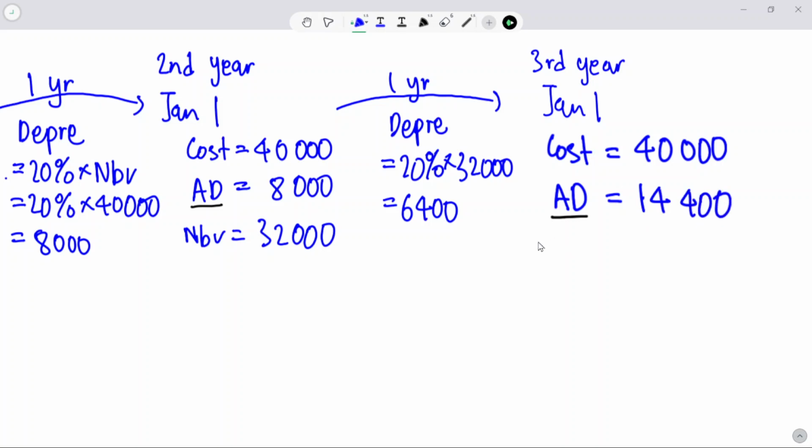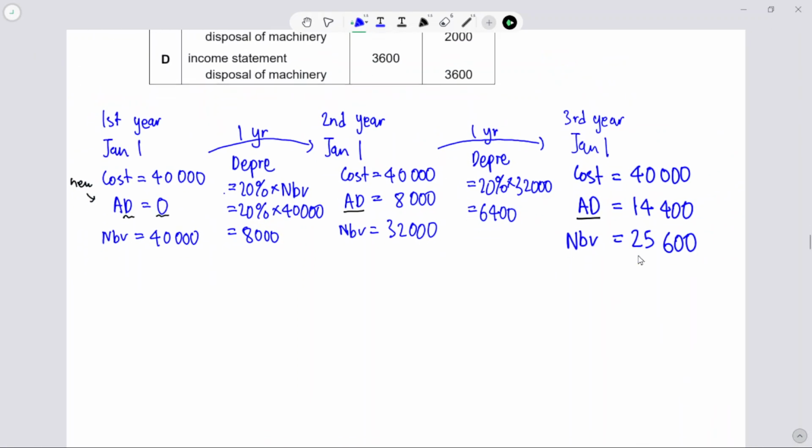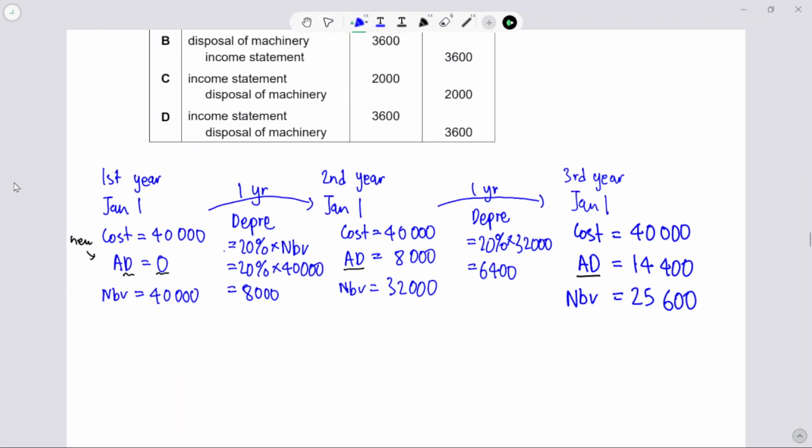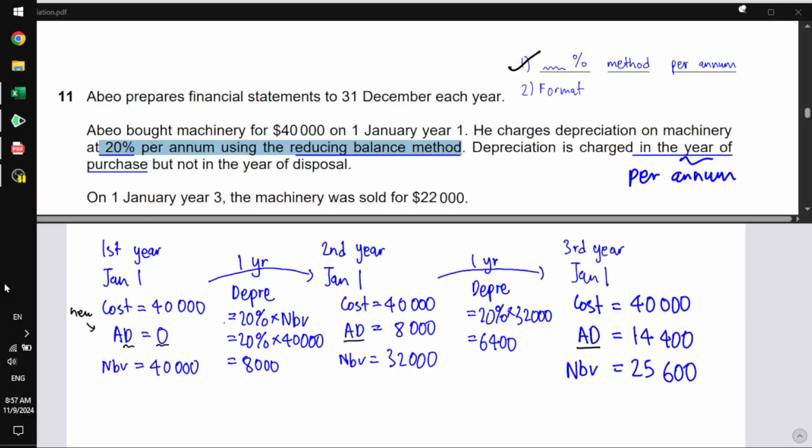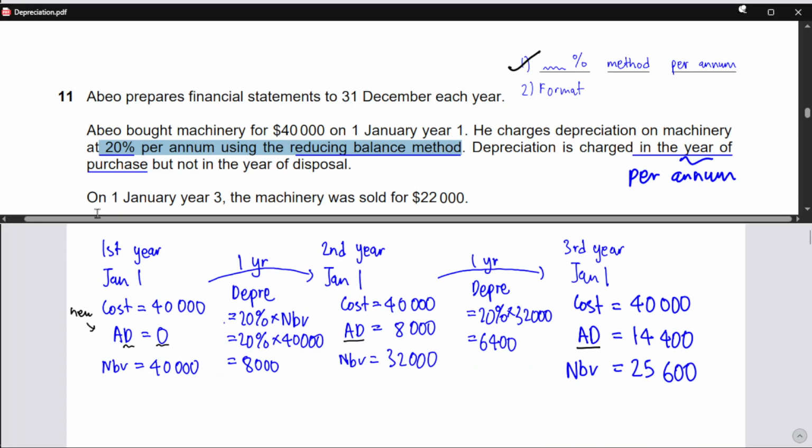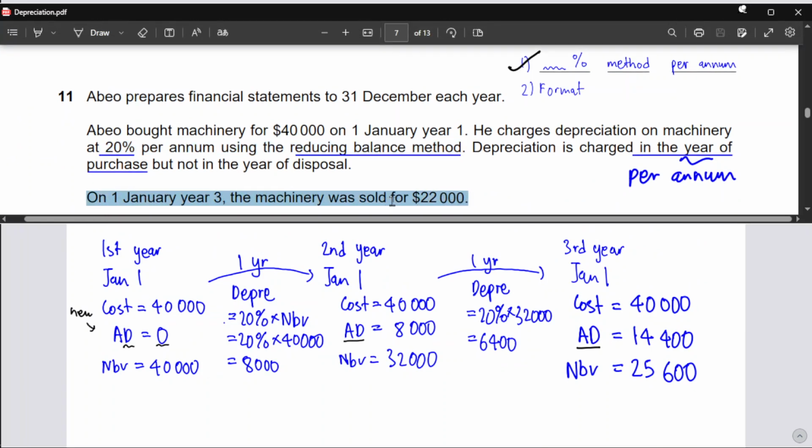So the net book value is the cost minus AD. On this day, he sells this amount.